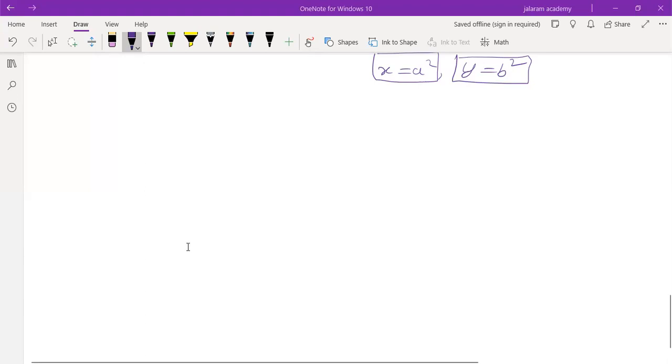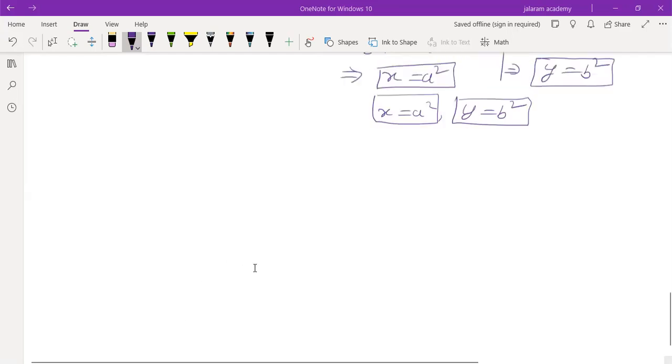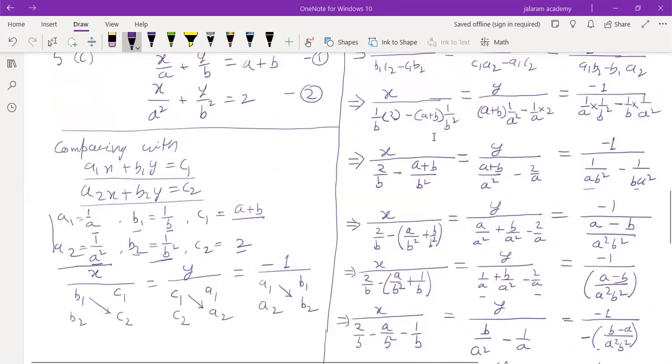So x upon b1c2 minus c1b2 is equals to y upon c1a2 minus a1c2 is equals to minus 1 upon b1a2... where is it b1a2? Look at this. It is a1b2 minus b1a2. That's why I am telling you to say the one with suffix 1 first.